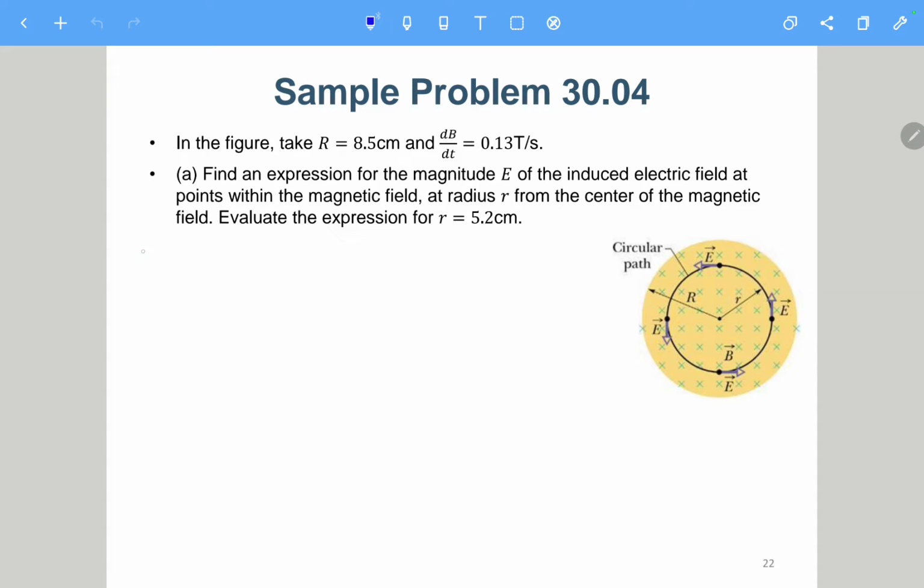Okay, so here we try to use E dot ds. We try to use Faraday's law. Actually E and ds should be parallel to each other, because it is a circle.